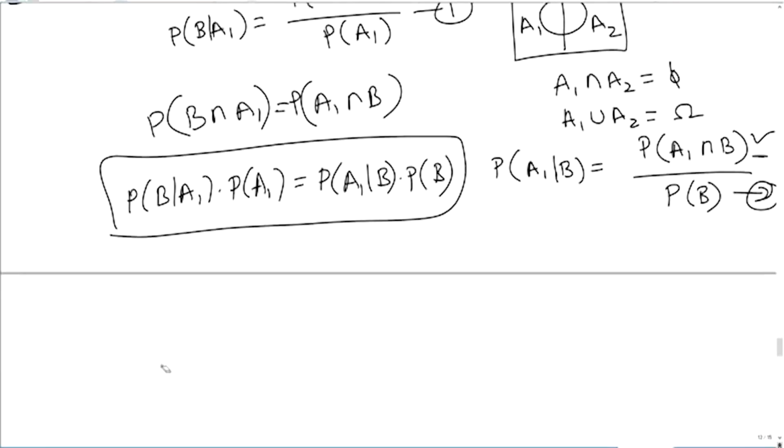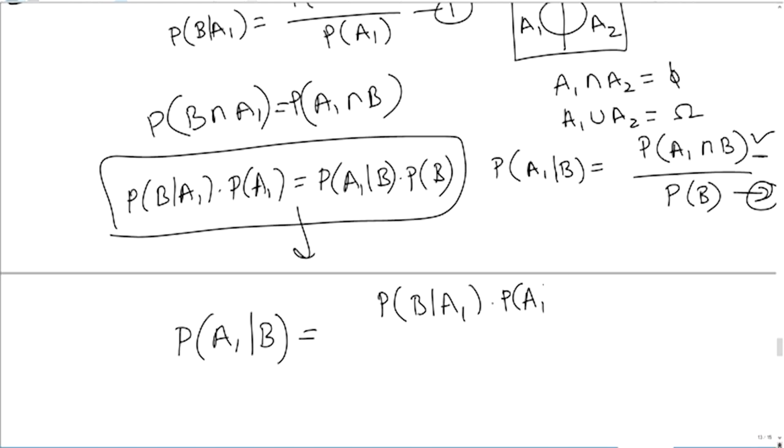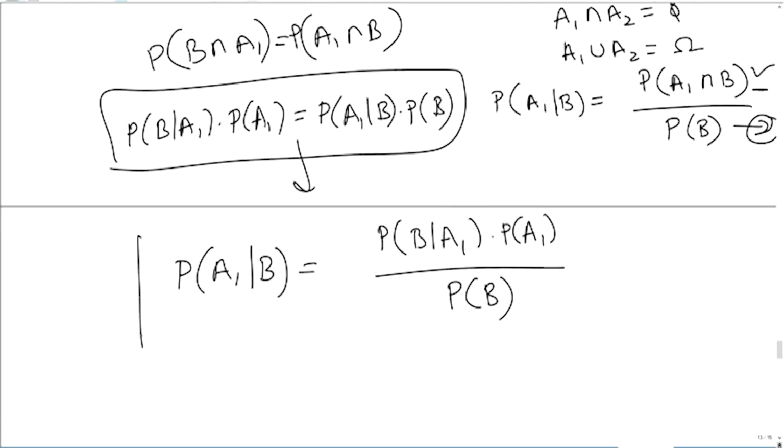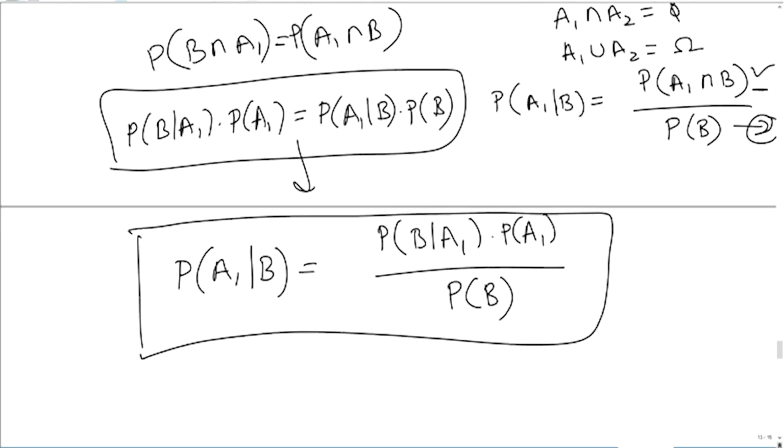Now you can rewrite it to get probability of A1 given B. Probability of A1 given B can be written as probability of B given A1 into probability of A1 divided by probability of B. So this is what I'm getting so far.